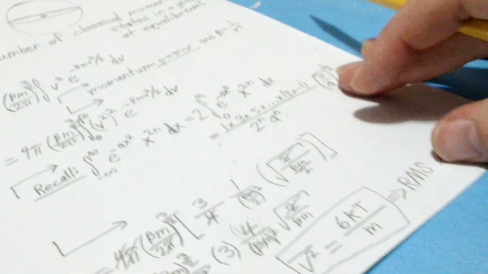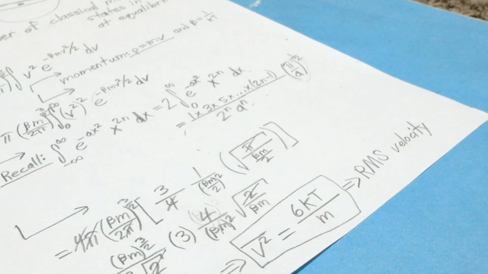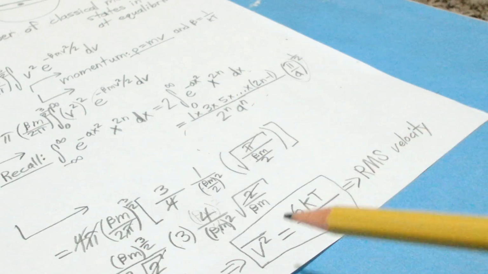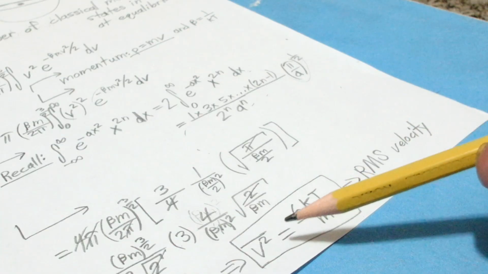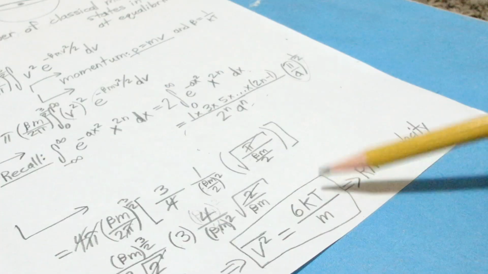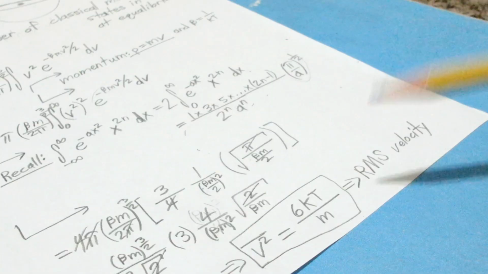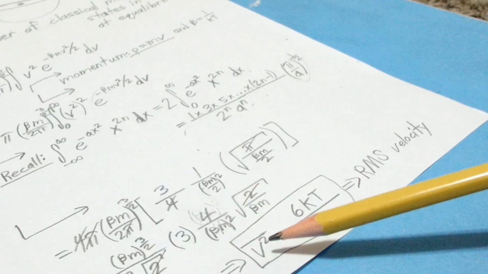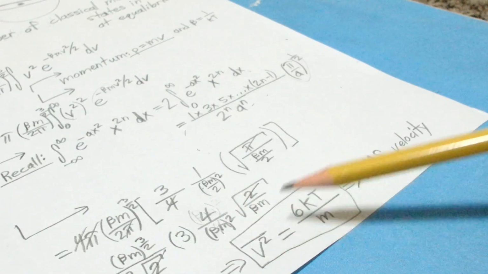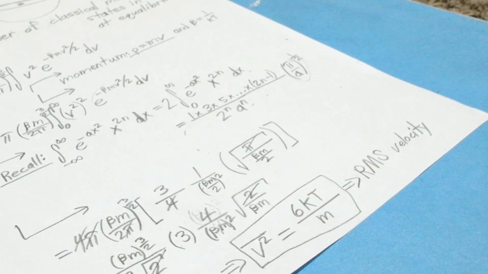This will give us essentially the RMS velocity, averaging all those velocities of all those different states. And so velocity squared is related to the temperature. If you were to increase the temperature, then the RMS velocity will increase. Likewise, if you decrease temperature, the RMS velocity will decrease.